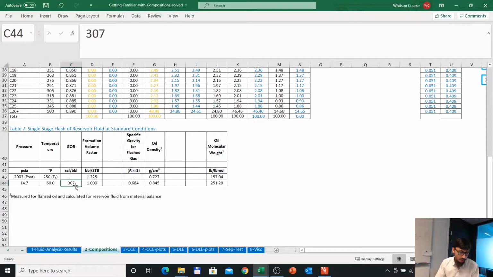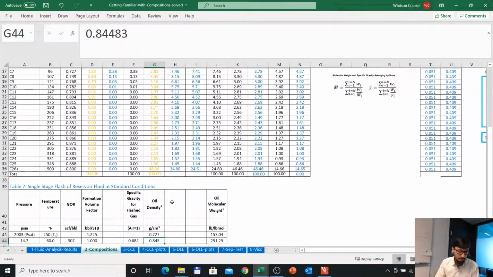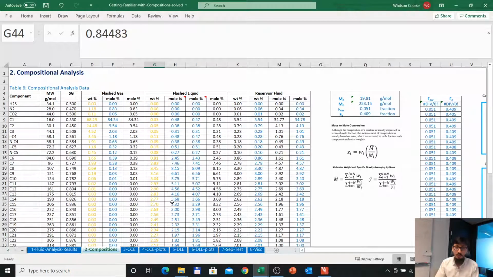The GOR we have, and the density of the flash oil, which should have been measured. Yeah, so for flash oil, the density should always be measured by the lab.